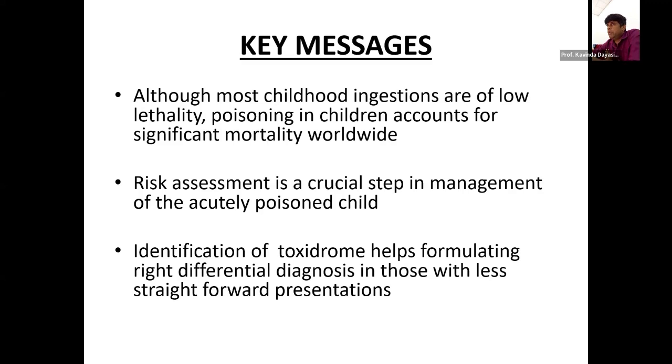But also be aware of certain agents, for example oleander and rat poisons, which can cause delayed toxicity. Such children need a proper risk assessment, and even if they are asymptomatic, we need to admit them to hospital and discharge them only after they are clearly out of risk.